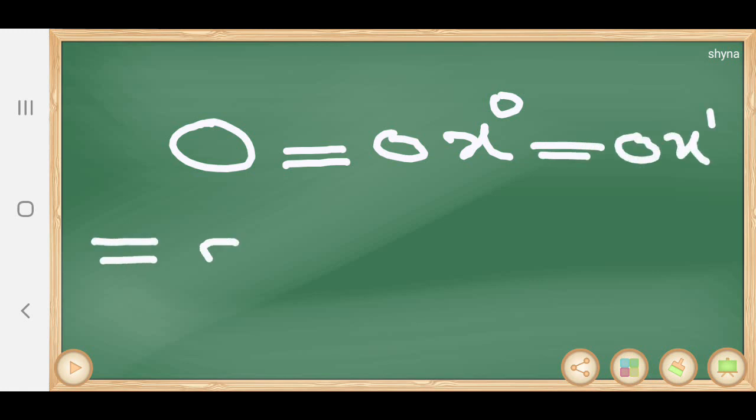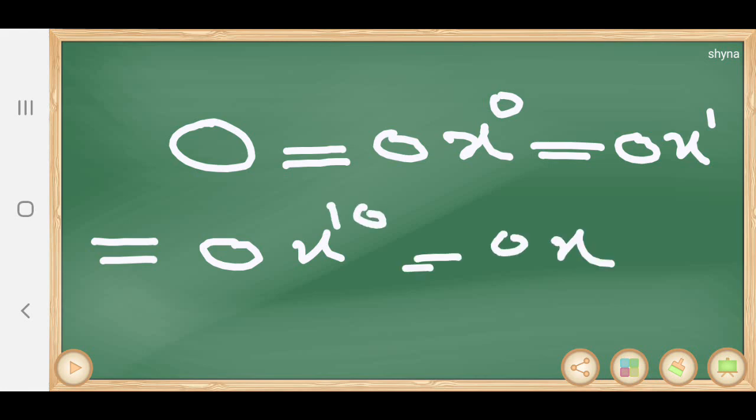Can I write 0 equals 0x raised to 10? Or 0x raised to 55? Here 0 is the degree, here 1, here 10, here 55. So, can we tell which is the degree? No. We can write it in different ways.